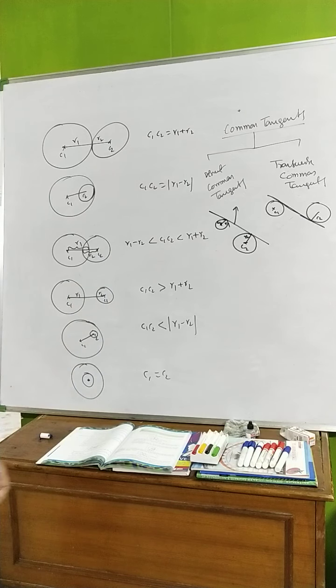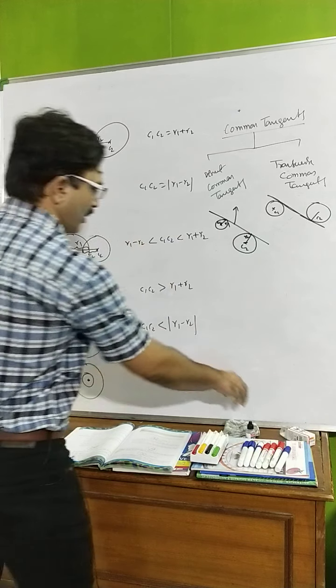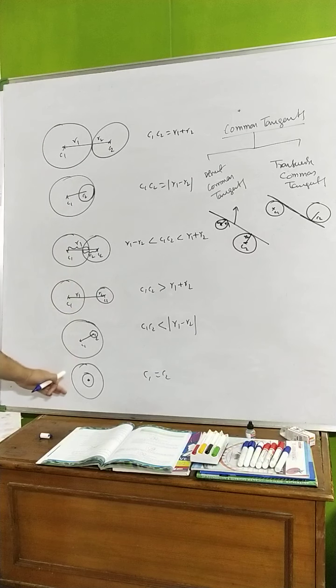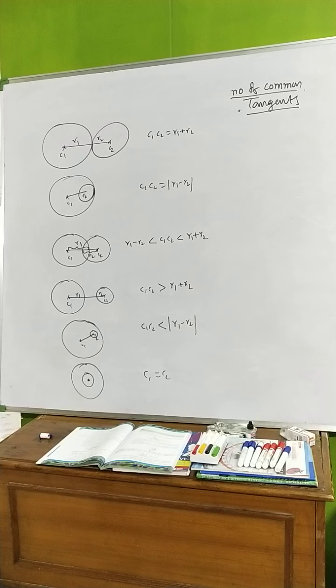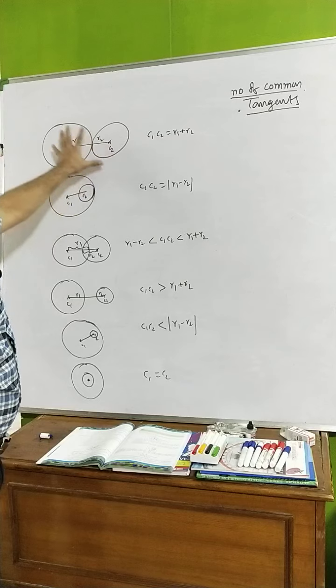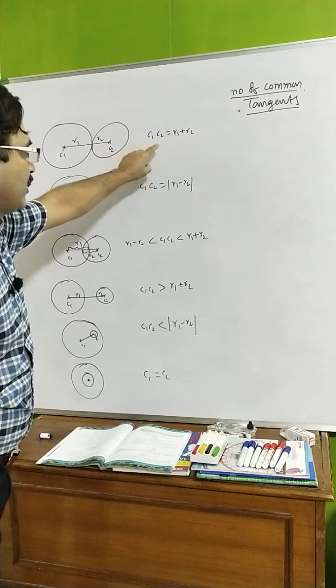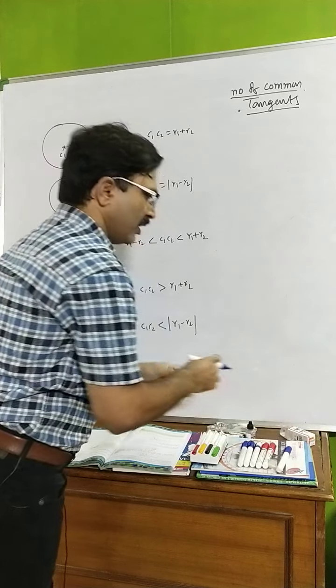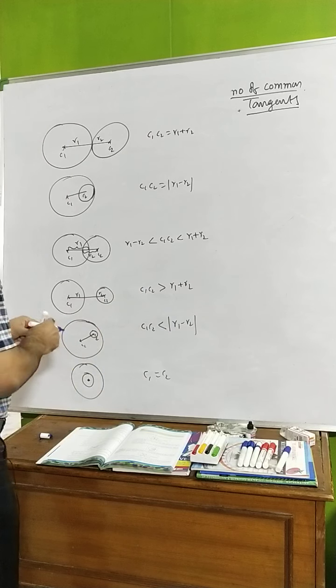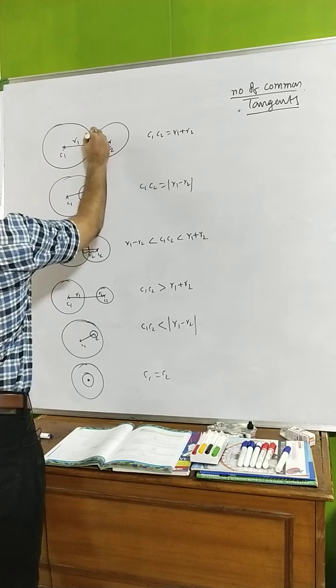Now after this, you see here very clearly, if the circles' positions are like this, how many tangents are going to exist? Now you see here, the circles touch externally. How many common tangents are going to exist?